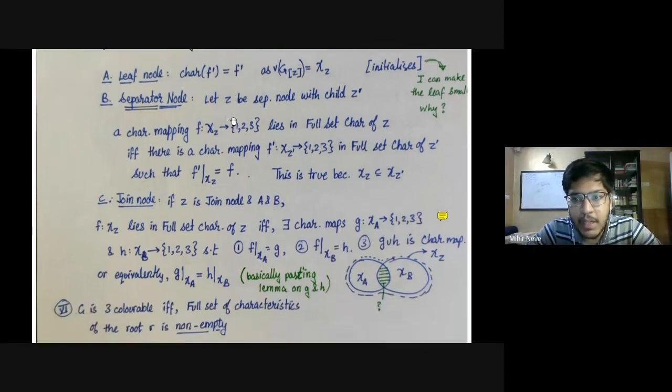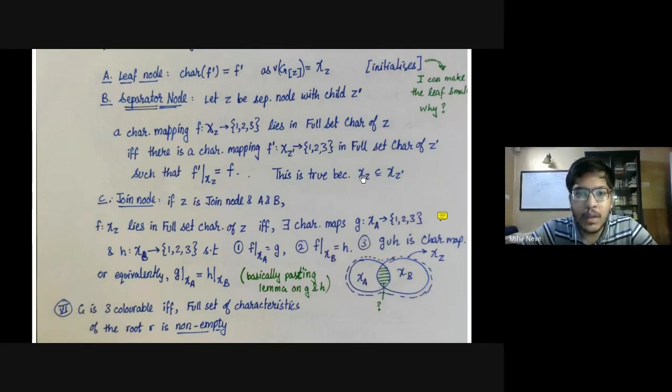Now suppose I had a separator node. Let me recall what a separator node was. So z is a separator node if it has a child z dash, such that chi-z lies completely inside chi-z dash. Since chi-z lies completely inside chi-z dash, and the best part is that you already have a 3 coloring of chi-z dash, you automatically have a 3 coloring of chi-z.